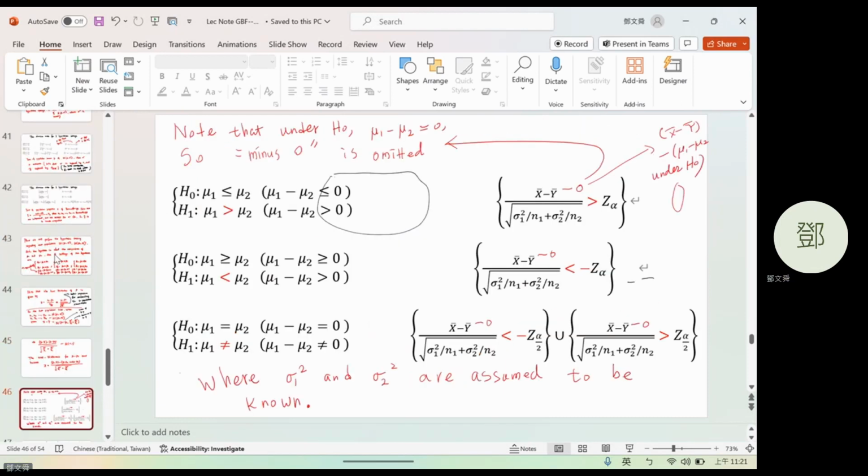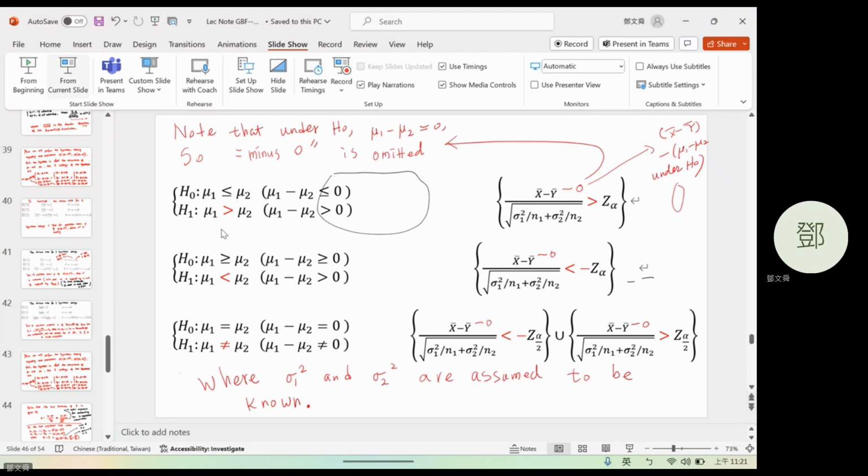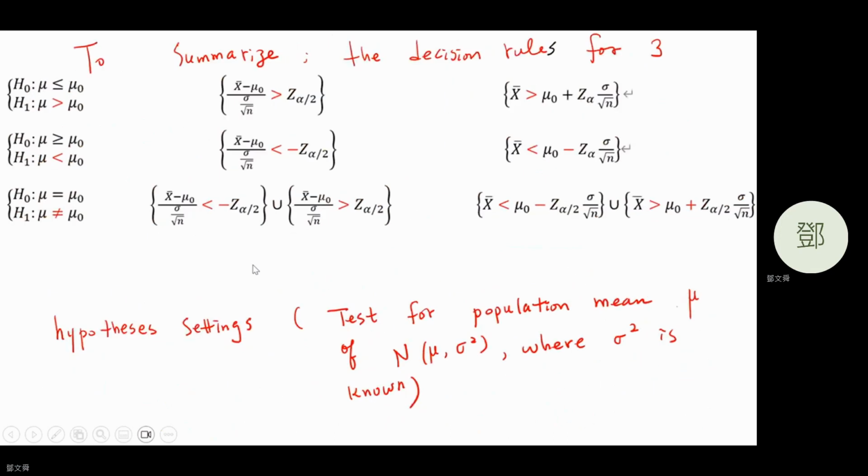So how many formulas do we have so far? I think it's three here, when sigma is known, and one population case.